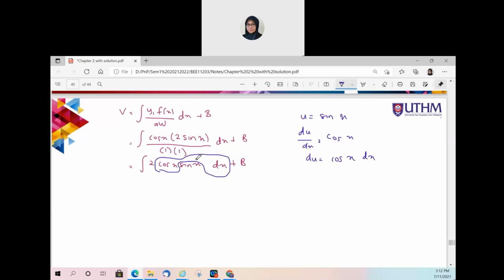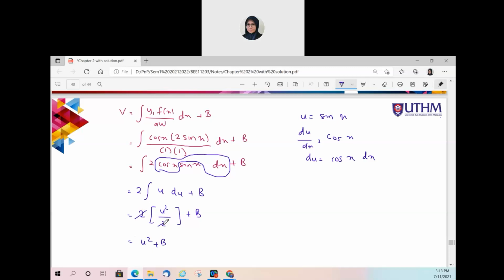So this is our du and this is our u. So equals 2 integrate u du plus b. So you integrate u, you will get 2 u square over 2. Right? Plus b. So the 2 cancel. So now we have u square plus b.